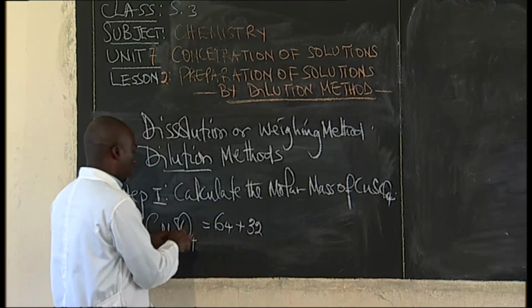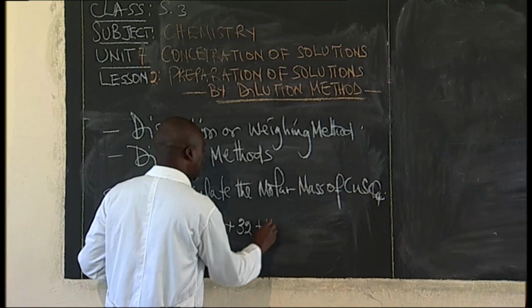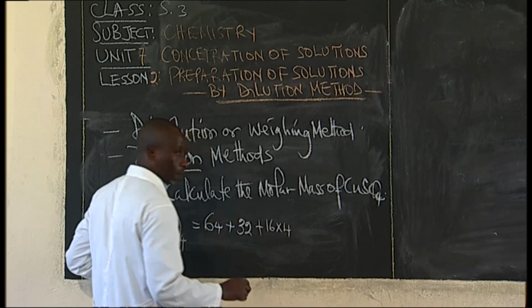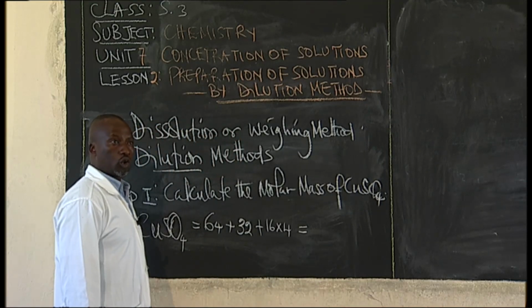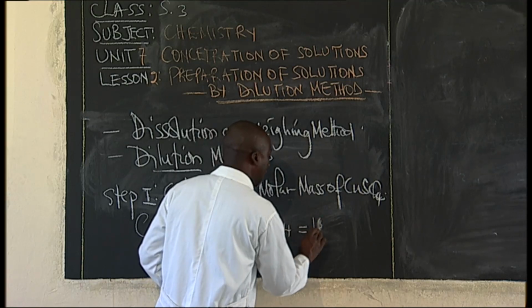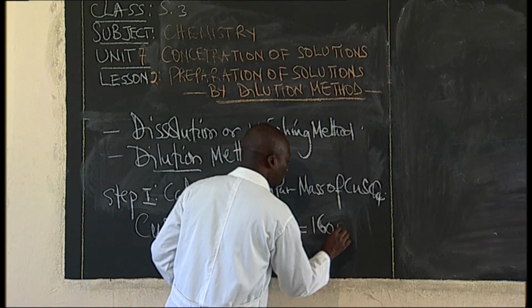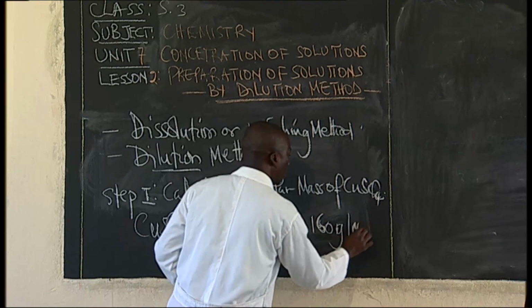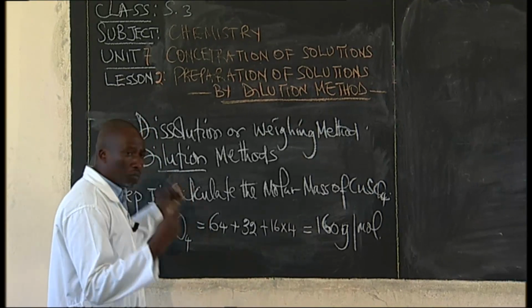The atomic mass of oxygen is 16, so it will be 16 times 4. So what do you get in total? That is the molar mass, 160 grams per mole. That is the mass that is equivalent to 1 mole.